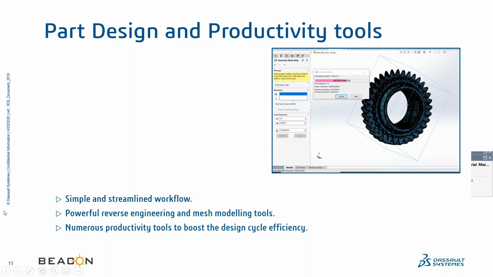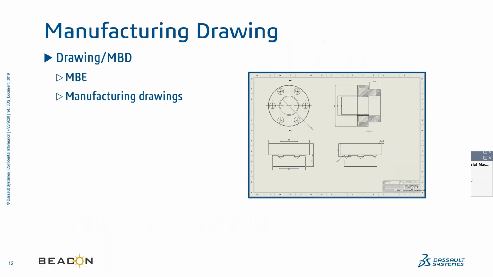So from part design and productivity tools, you can simplify and streamline your workflow. Powerful reverse engineering tools and mesh modeling tools. I know we have not shown the complete capabilities, but if you are interested, please do get back to us. We'll be more than happy to showcase the complete thing. And numerous productivity tools to boost efficiency and cycle time.